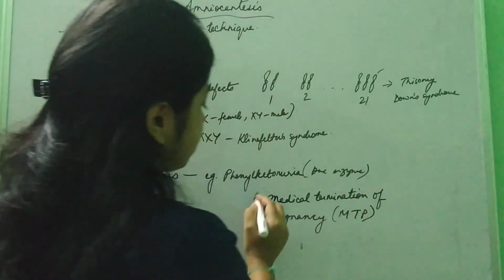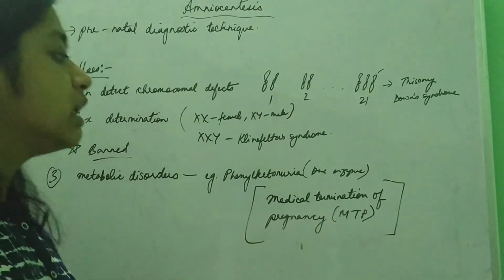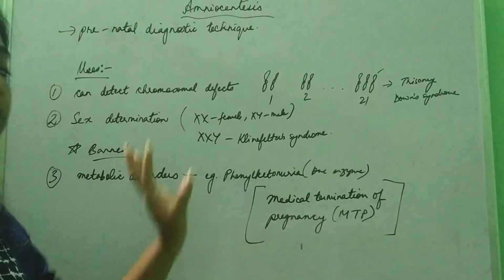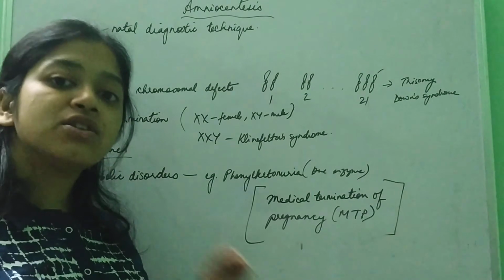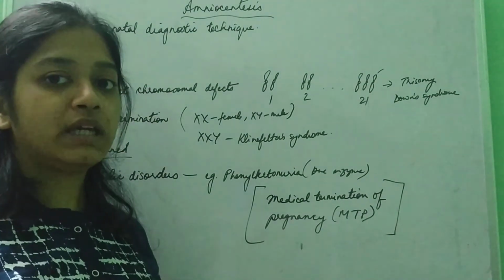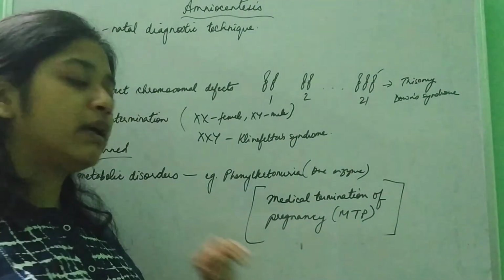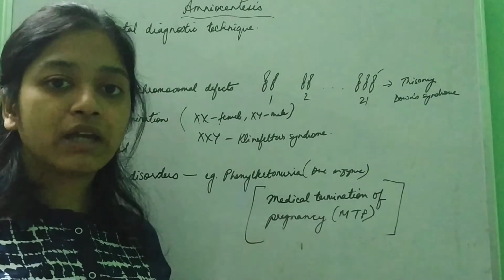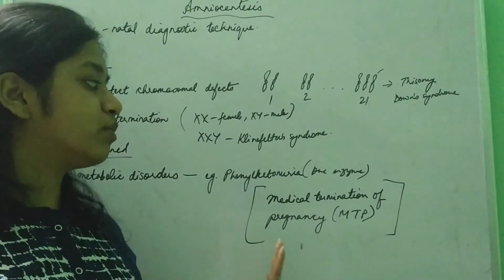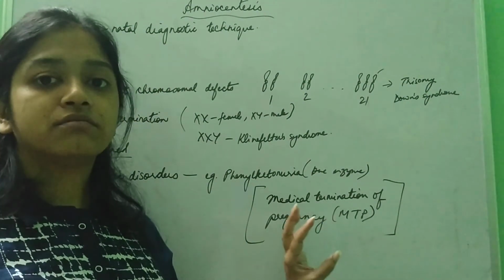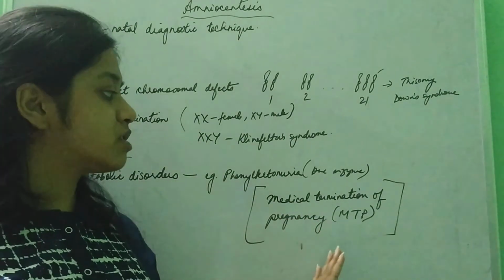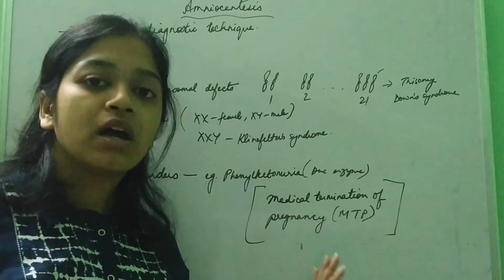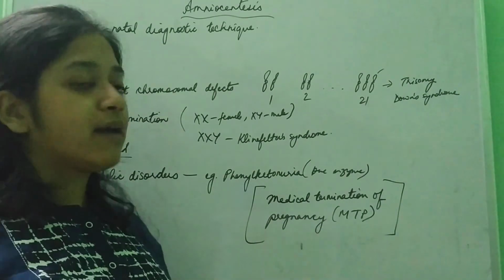MTP. When is medical termination of pregnancy done? When through amniocentesis something dangerous is detected which can be threatening for both the baby and the mother or one of them, then the doctor will say that abortion, or medical termination of pregnancy, needs to be done, which is MTP.